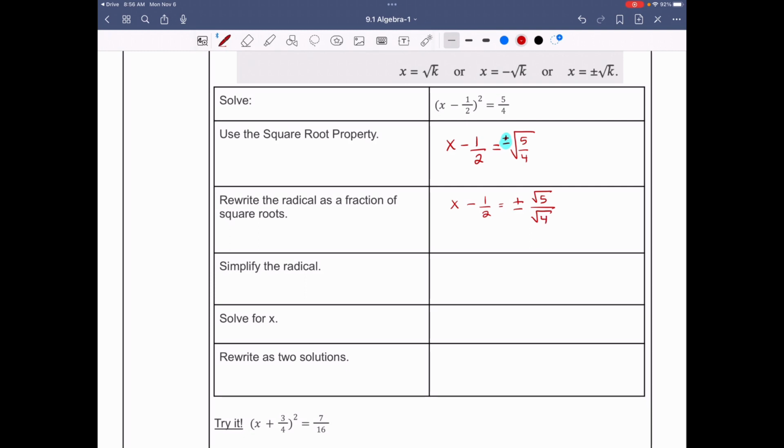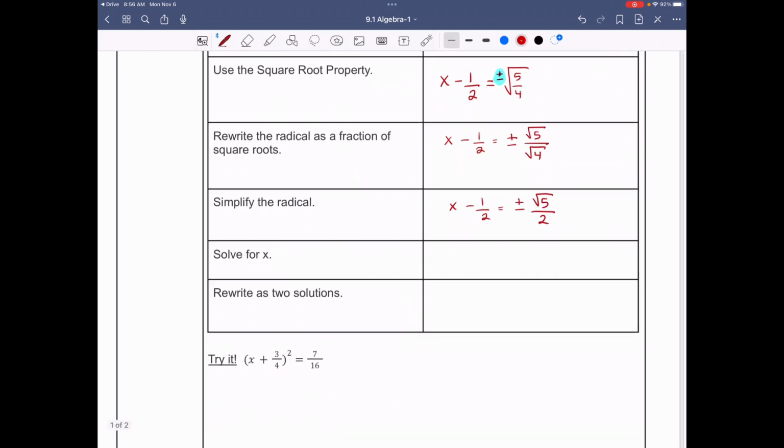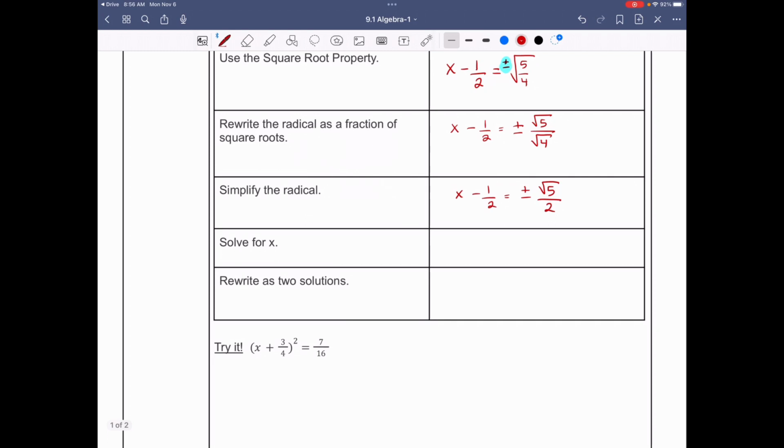We can simplify the square root of 4 so that we have x minus 1/2 is equal to plus or minus the square root of 5 over just 2, because the square root of 4 is 2. Now we're going to add 1/2 to both sides so that we get x is equal to 1/2 plus or minus the square root of 5 over 2.